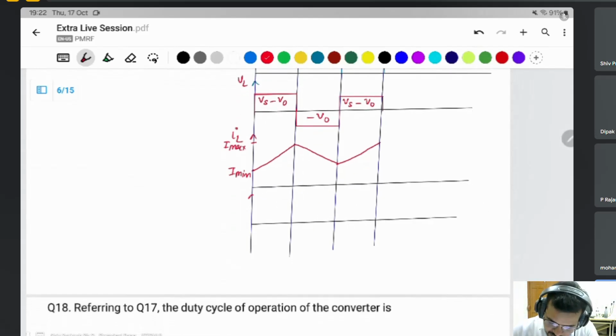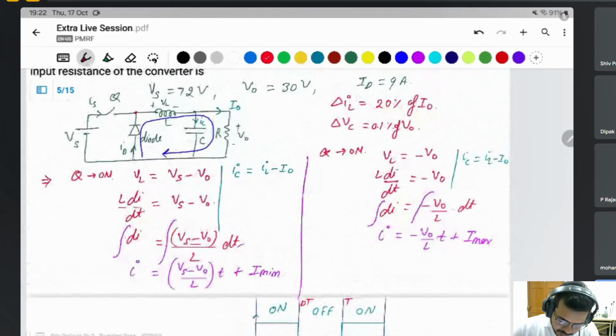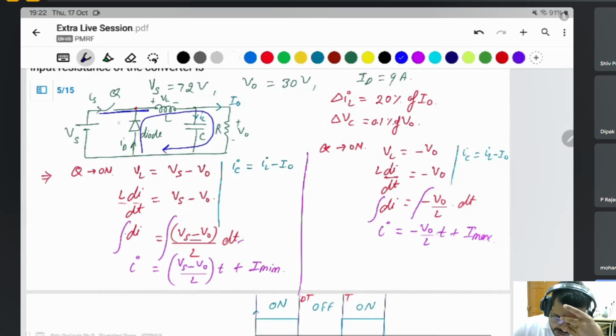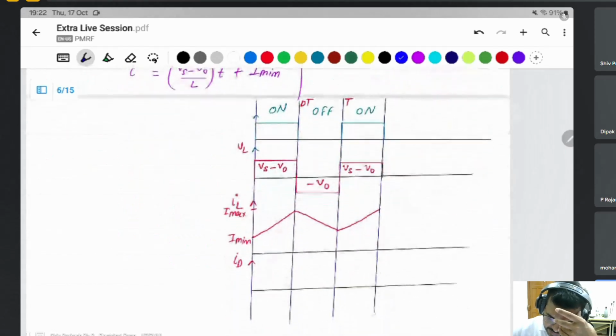Then what is the diode current, ID? The ID current flows when the switch is off. When the switch is on, the diode is reverse biased, so the diode current will be 0.